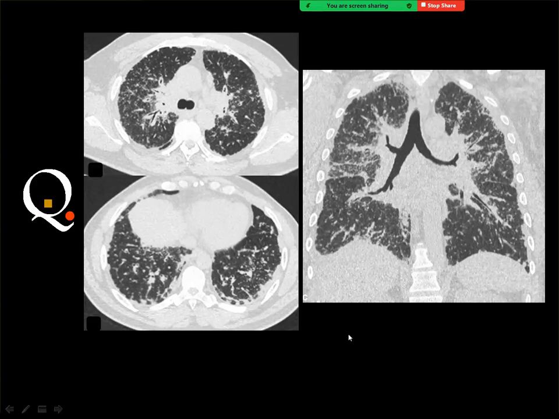And this is very important. The most common is sarcoid, and the second common is lymphangitis carcinomatosa. You cannot diagnose lymphangitis carcinomatosa unless you know that the patient had a primary malignancy.